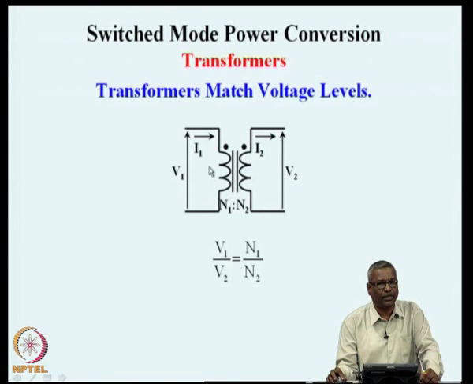So, without any electrical connection between the primary and the secondary, through the electromagnetic coupling in the core of the magnetic transformer, energy is transferred from one part of the circuit to the other part, or from the primary to the secondary. We can transfer electrical energy through the intermediate core by the property of electromagnetic induction.